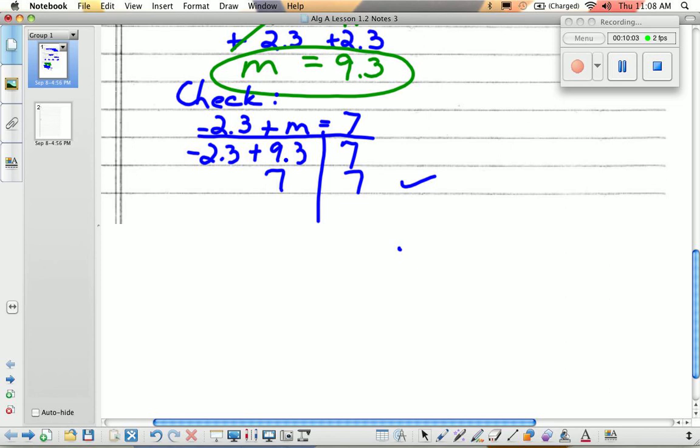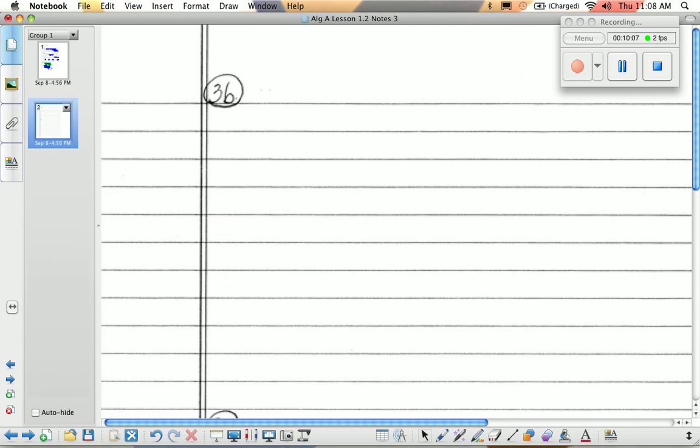Okay, turn your paper over and we're going to do the other two check it out problems. So 3B, would you write down the equation as it is given in your book?